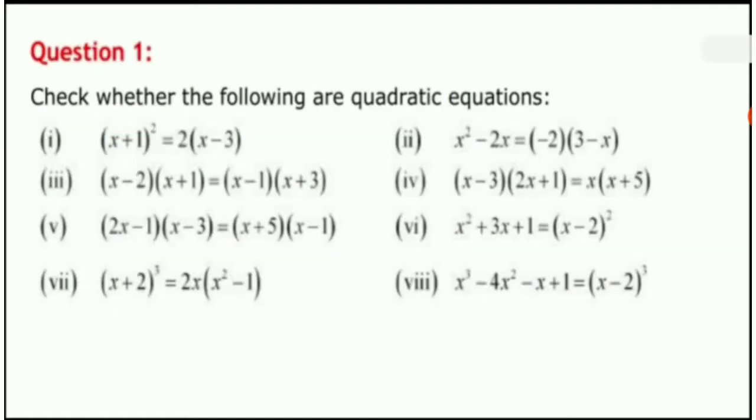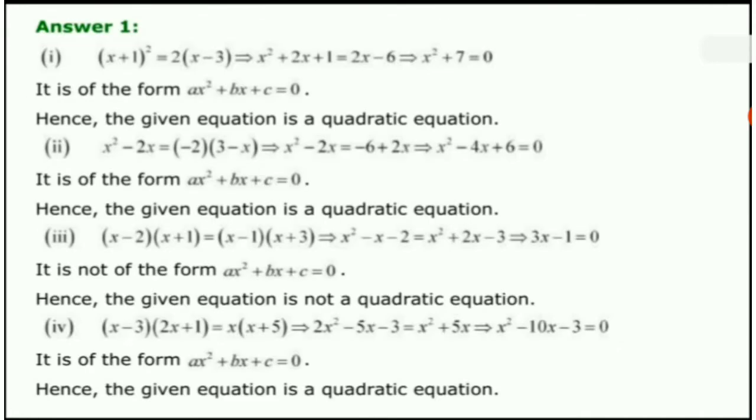Now question number 1 of exercise 4.1. Check whether the following are quadratic equations. First one is (x plus 1) whole square equals to 2 into (x minus 3). Okay, now solution. So here (x plus 1) whole square equals to 2 into (x minus 3).